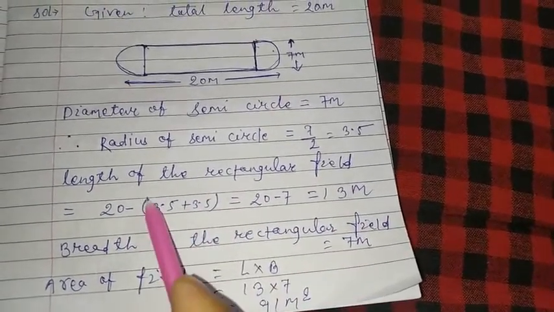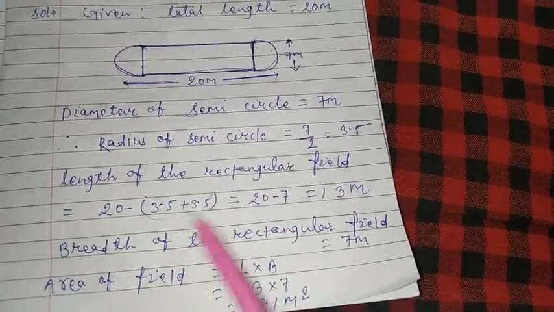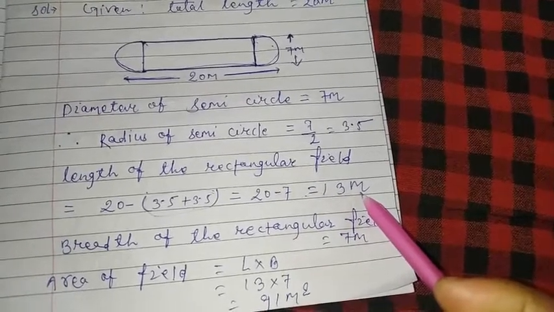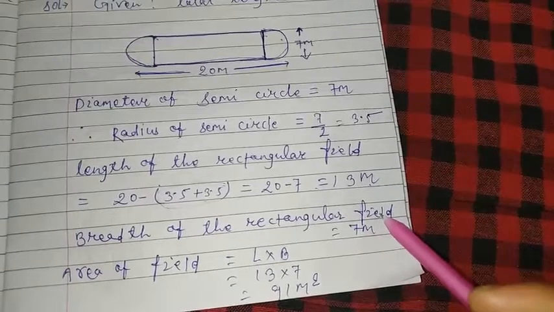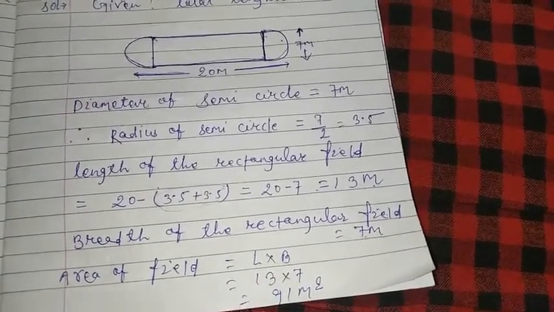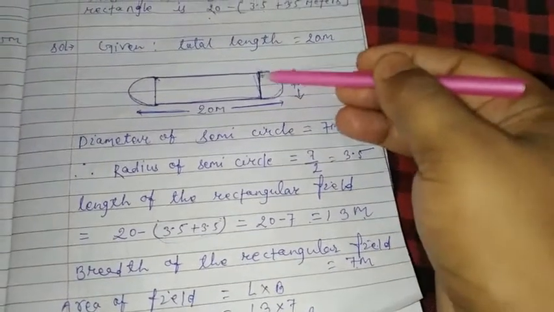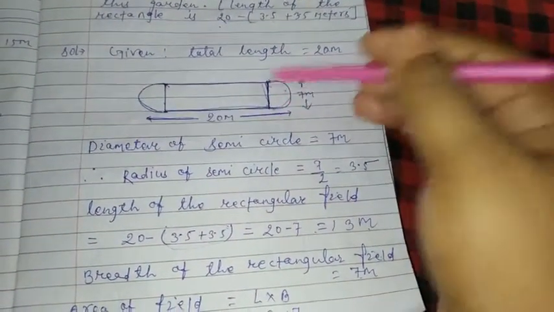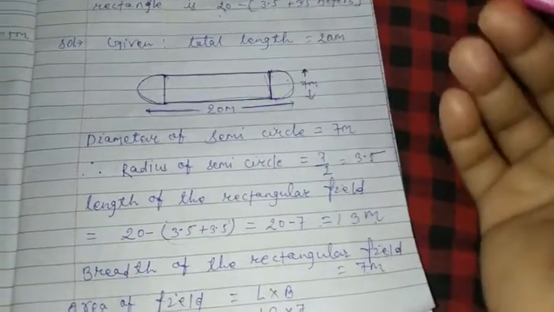When this 3.5 is added 2 times it gives 7, so 20 minus 7 gives 13 meter. And the breadth of the rectangular field is 7 meter. As I have said earlier, this side is the breadth and diameter for both the figures, the semicircle and the rectangle.